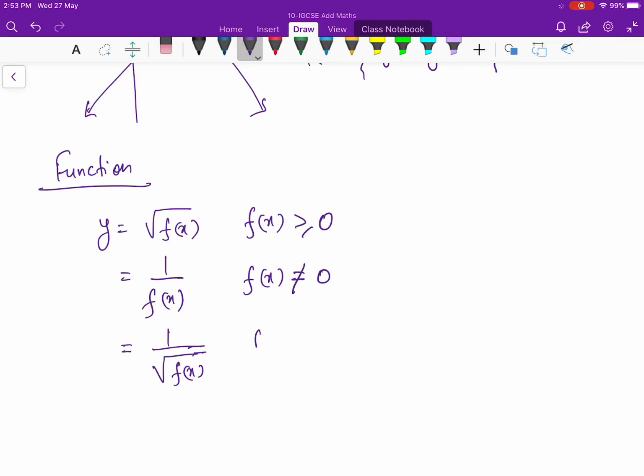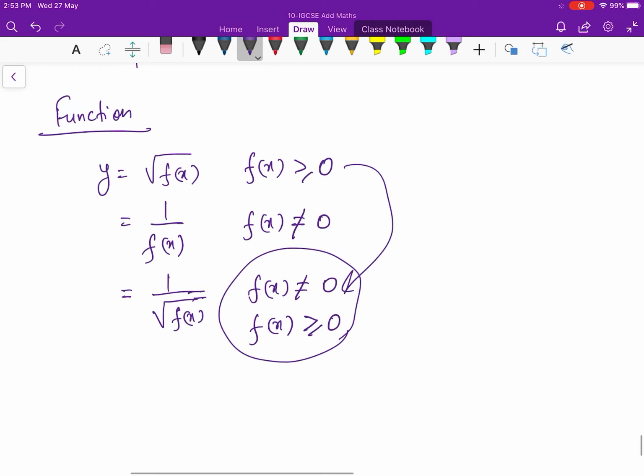So f(x) should not be equal to 0, and f(x) should be greater than or equal to 0 because of the square root. You need to combine both these constraints, so ultimately f(x) should be greater than 0.